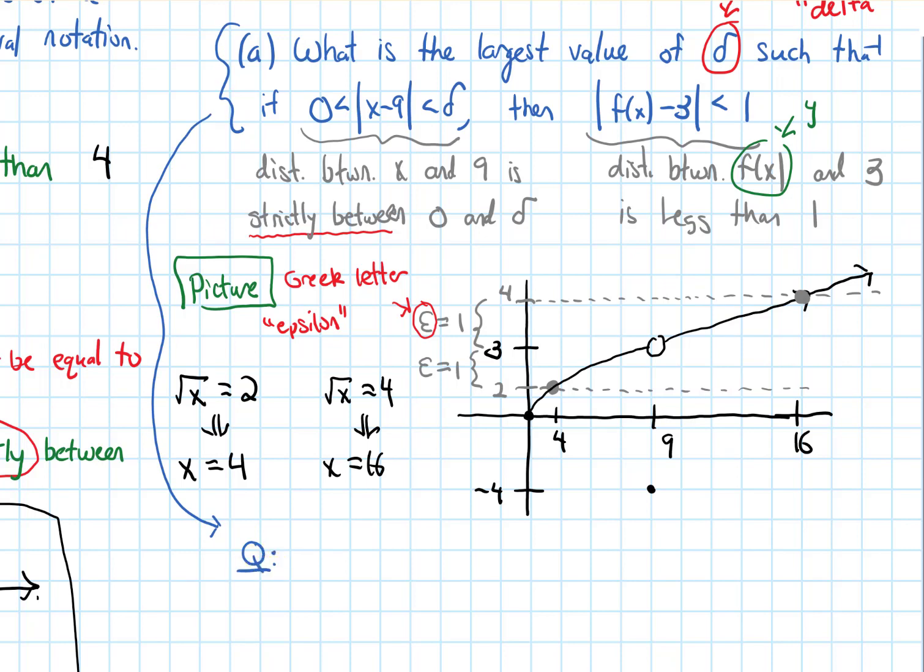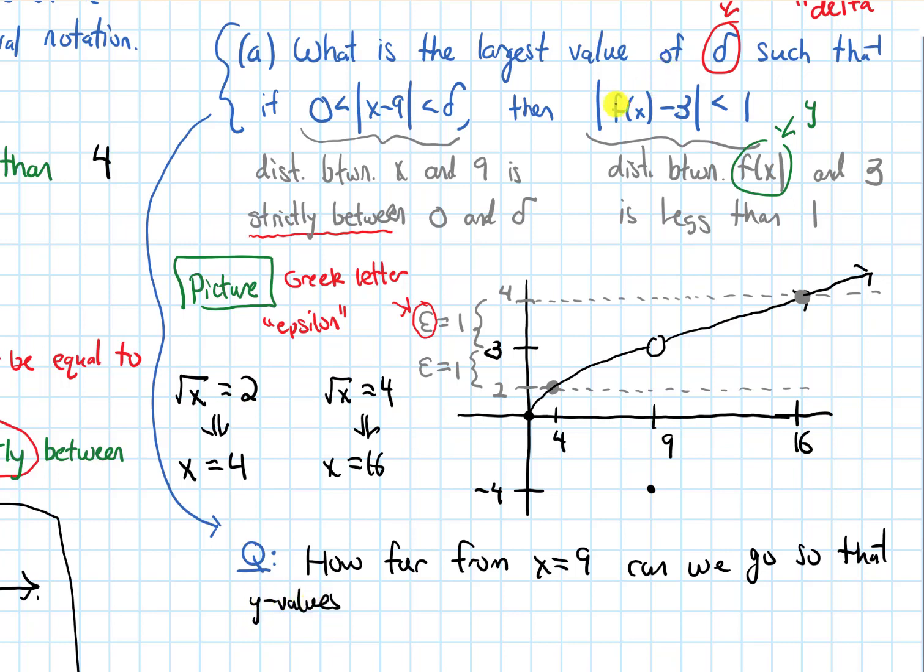The question is, when it talks about this delta and the distance between x and 9 is allowed to be between 0 and delta, what that's really saying is how far from x equals 9, from a reference point of 9, can we go so that the y values, f of x, are in between these two horizontal lines I drew when y equals 2 and when y equals 4.